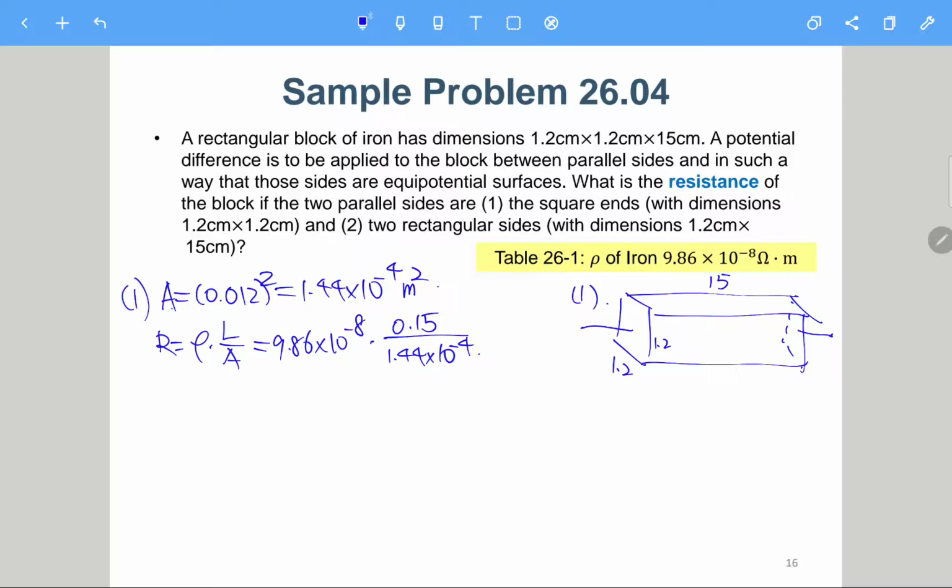So this value should be 100 microohm. So this is the first case.